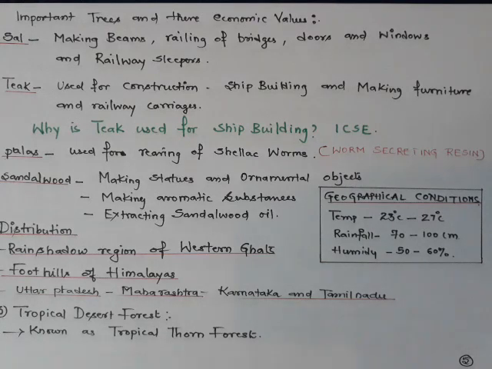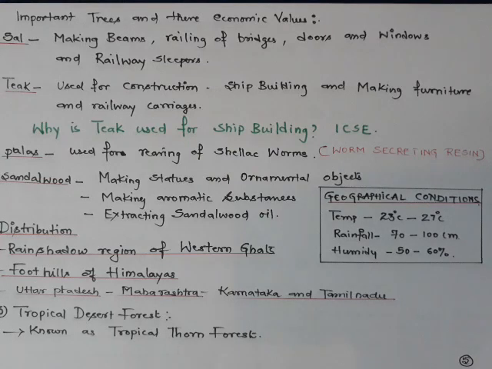Distribution: rain shadow region of Western Ghats, foothills of Himalayas, Uttar Pradesh, Maharashtra, Karnataka are the states where tropical deciduous forests are found in general. The next, tropical desert forests, are known as the thorn forest. Why?